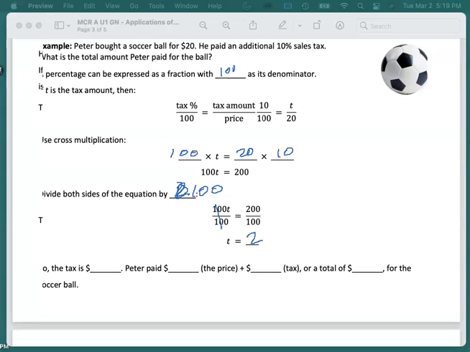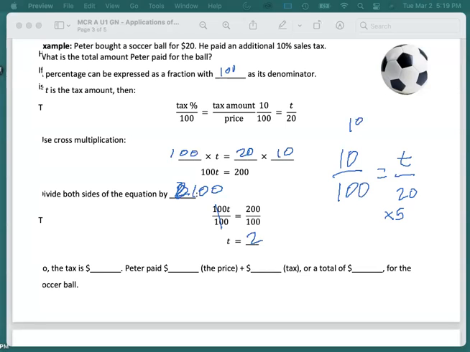Another way to look at this is if 10% is the tax out of 100, and we want to know how much the tax was, and 20 is the cost of the ball, 20 goes into 100 how many times? 5 times.